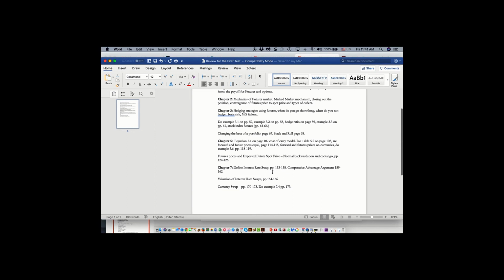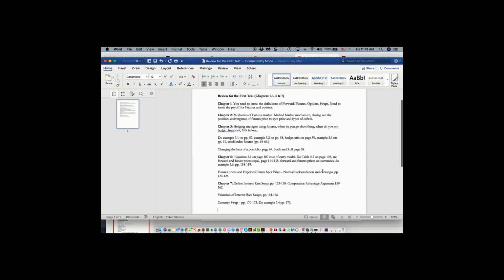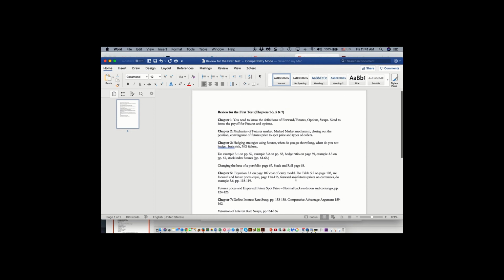Here I say pages 153 to 158 and 159 to 162, and then the valuation of this. So please keep this in mind while you are reviewing. I believe that you have already gone through this PowerPoint, and now that I have said this specifically, focus on some of the slides, and then finally you need to be able to answer all of those.